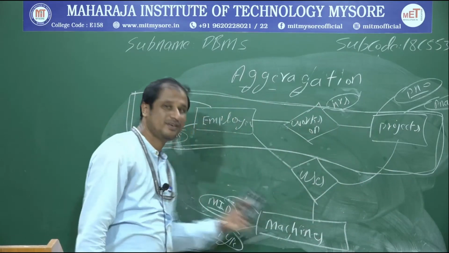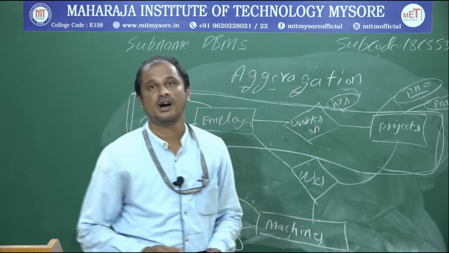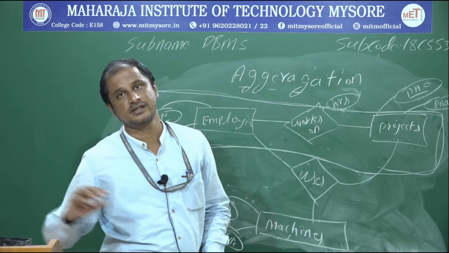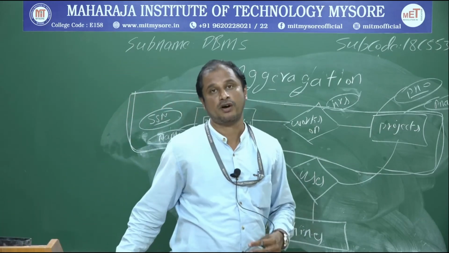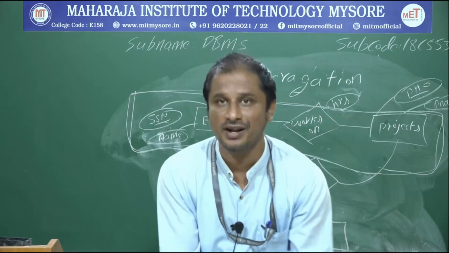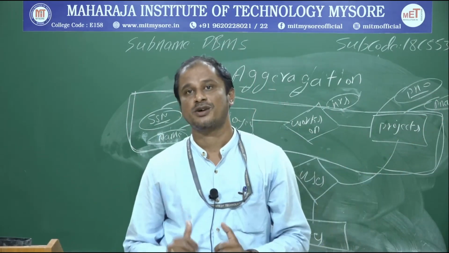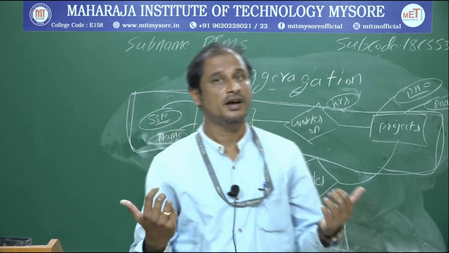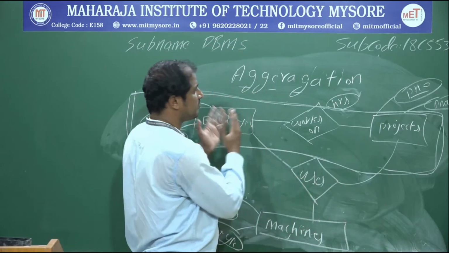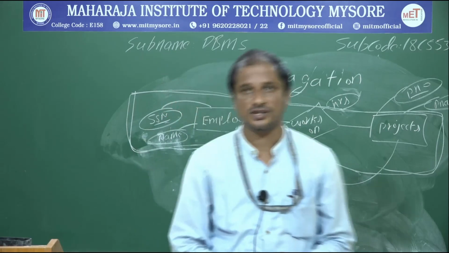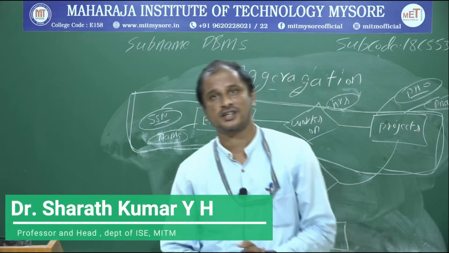So this is the aggregation we did: employee works on project is aggregated to one, where both can use the machines based on number of hours. This is the way of representation of aggregation.